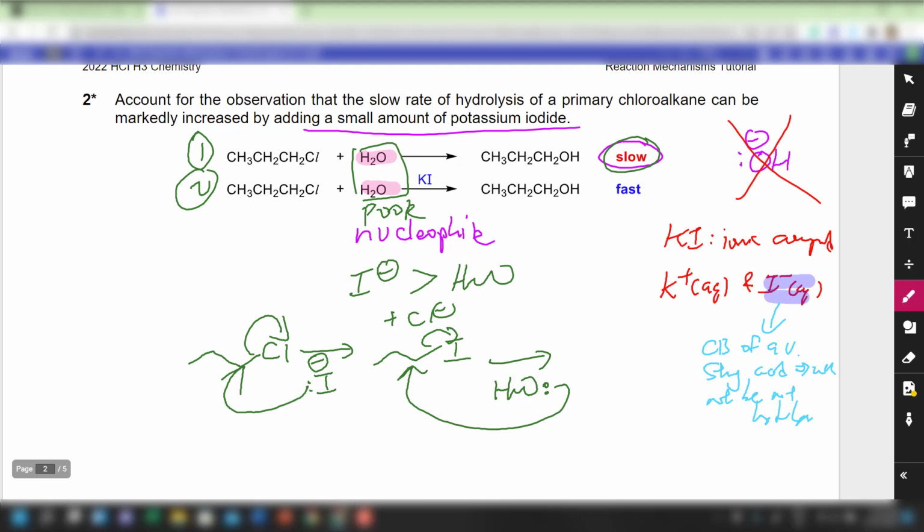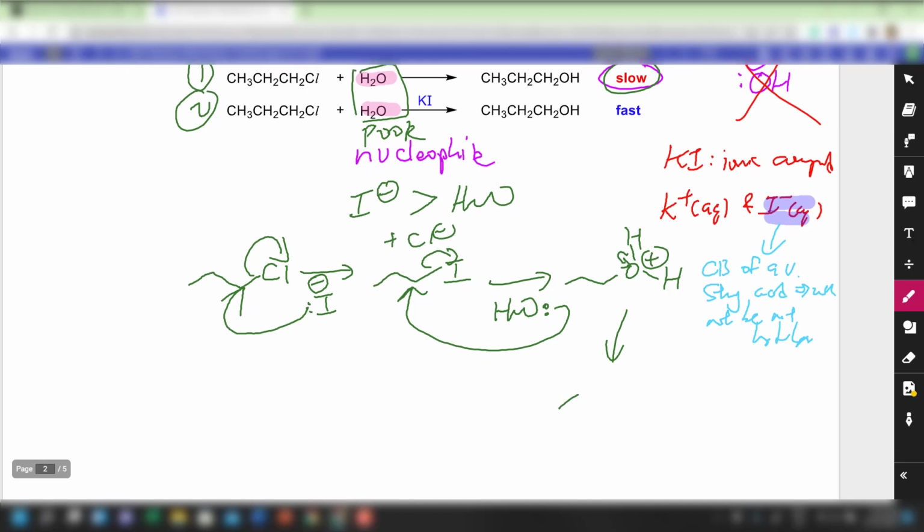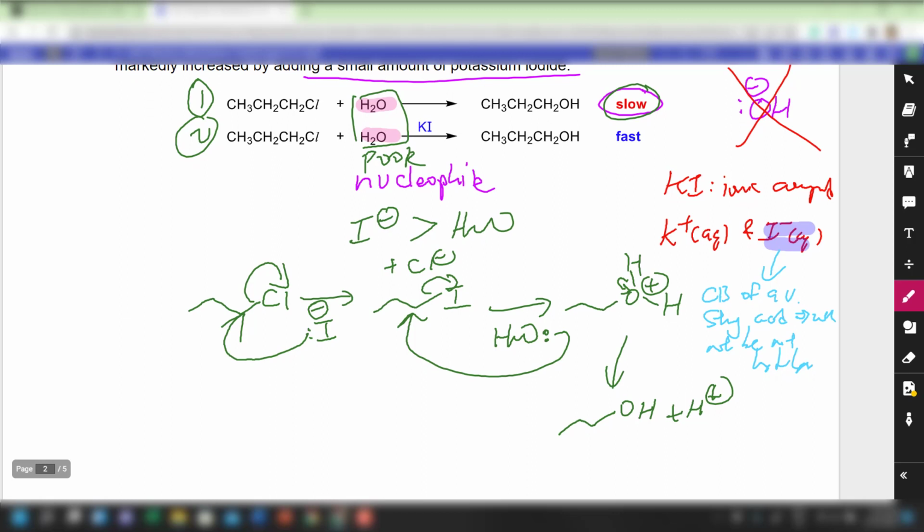So this particular reaction will take place when water displaces iodide. In the process, I'm going to generate the conjugate acid of the required alcohol. And of course, the next step is obvious because the O-H bond will simply be broken, probably grabbed by a water molecule, and then in the process, I'm going to produce propan-1-ol.